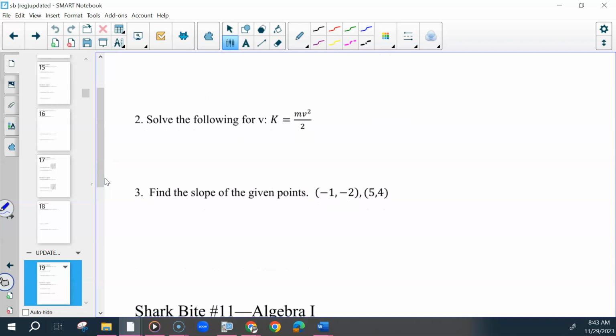Okay. For number 2, we had to solve for b. Let me get rid of this first one. Okay. To solve for b, we have to get rid of 2 by multiplying it to the other side. So 2k equals mb squared. 2 cancel. Then we can get rid of m by dividing on both sides.